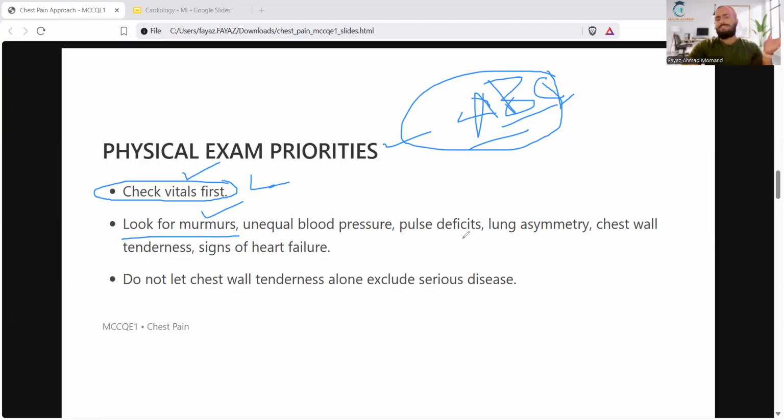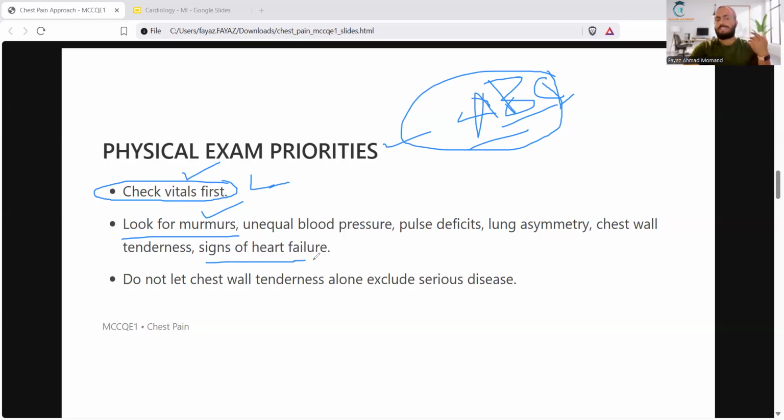Look for pulse deficits and lung asymmetry. Sometimes if you have a pneumothorax, you may see one side of the patient's chest not moving or expanding when they are breathing in. Look for chest wall tenderness. Tenderness of the costochondral area may indicate that the patient's chest pain is caused by costochondritis instead of an acute coronary syndrome.